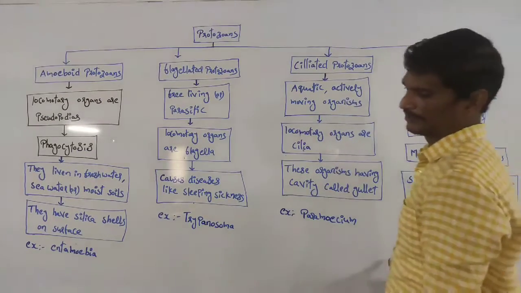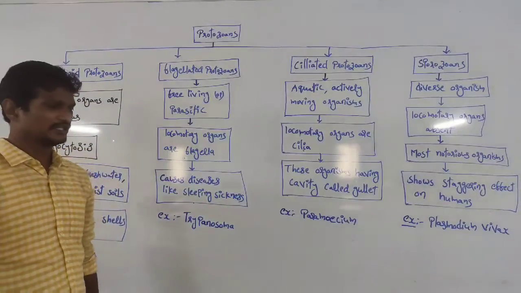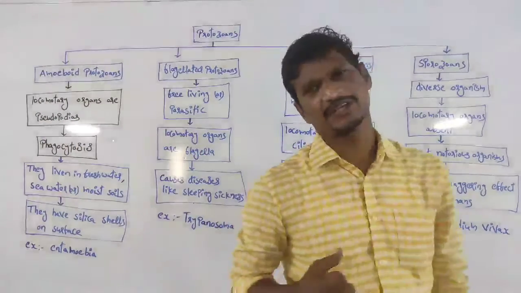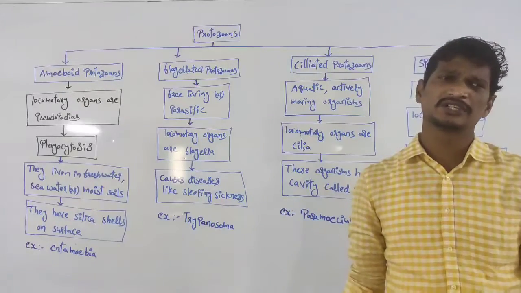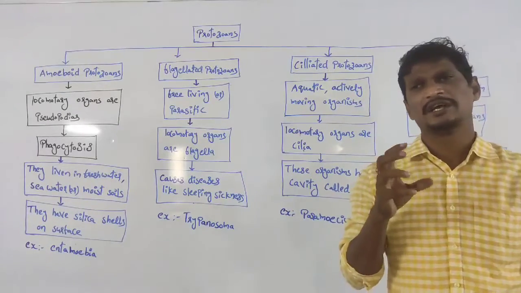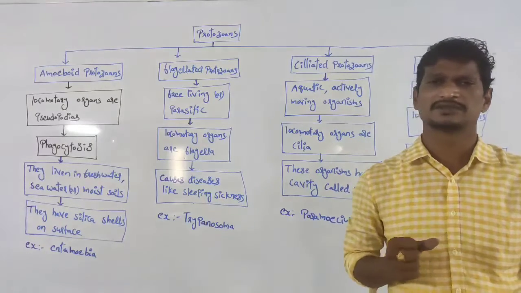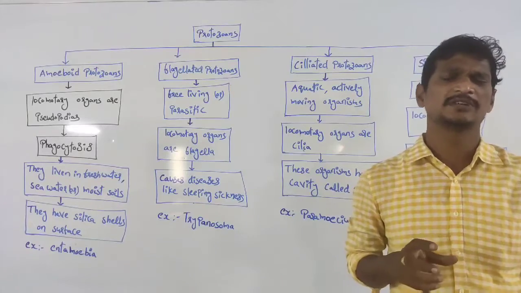Coming to the last one within the protista classification, these are the protozoans. Remember, the protozoans are heterotrophic organisms. And the protozoans are also considered the evolution and origin of animal cells.